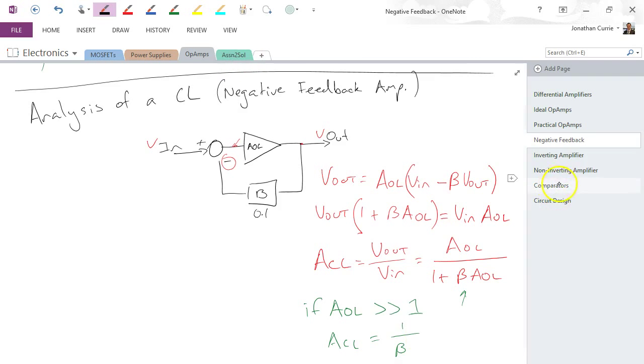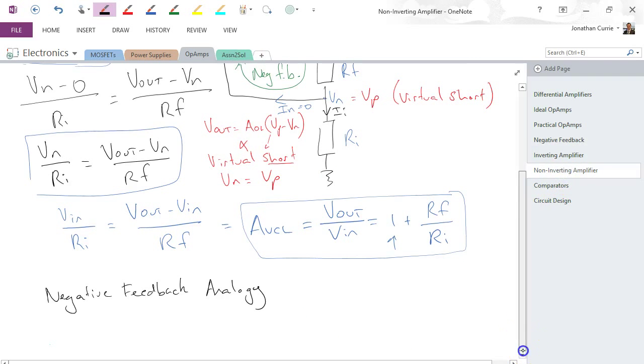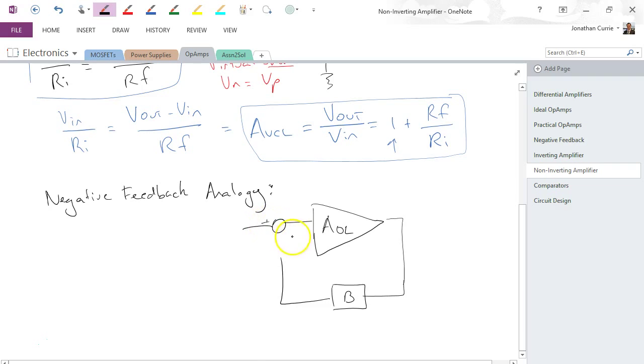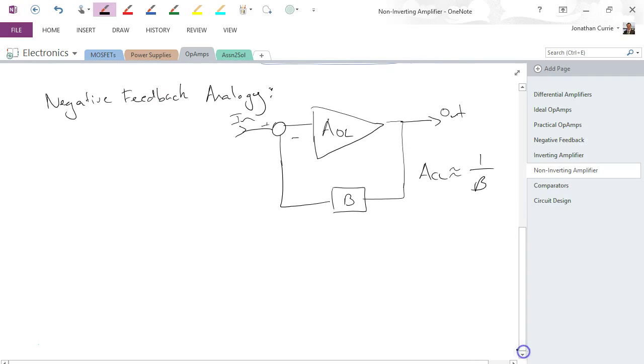So we'll draw this again: AOL with a fraction taken back and subtracted from the input, and we get closed loop gain approximately equal to 1 over beta.